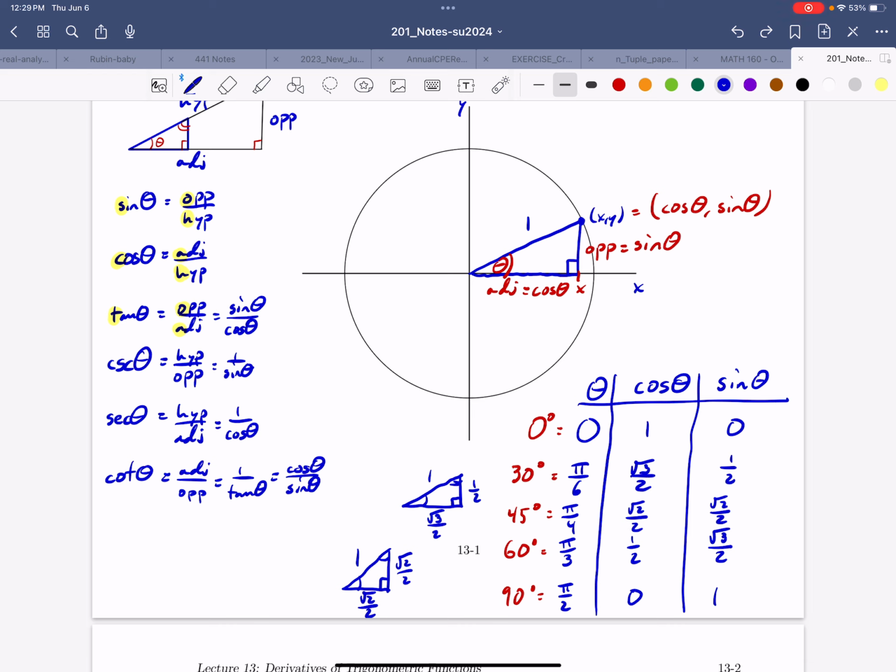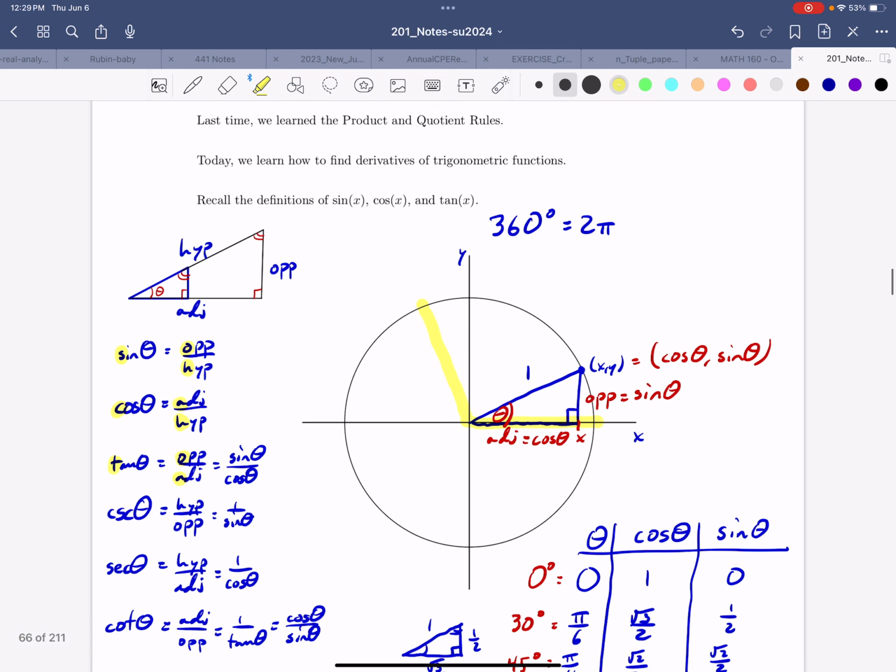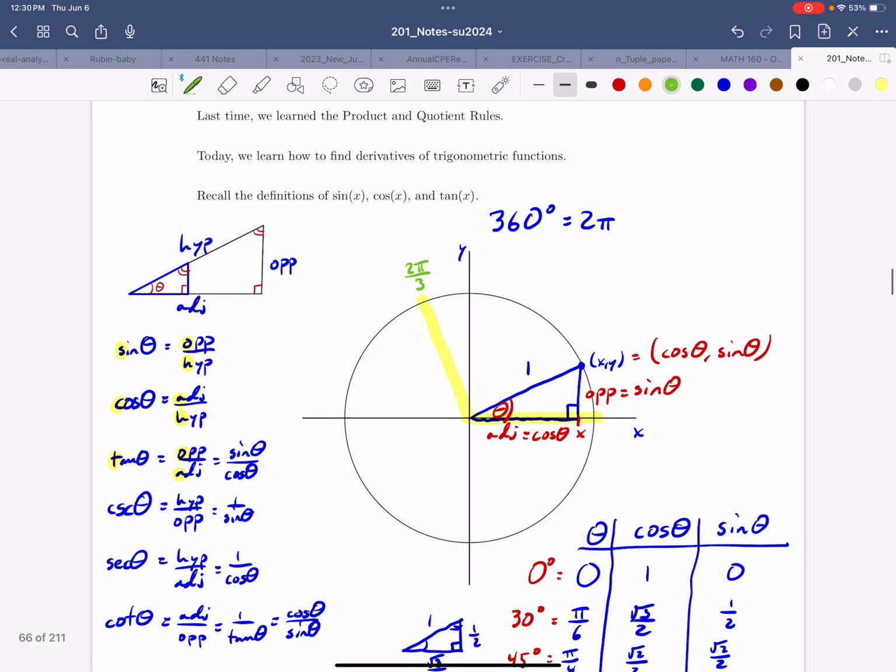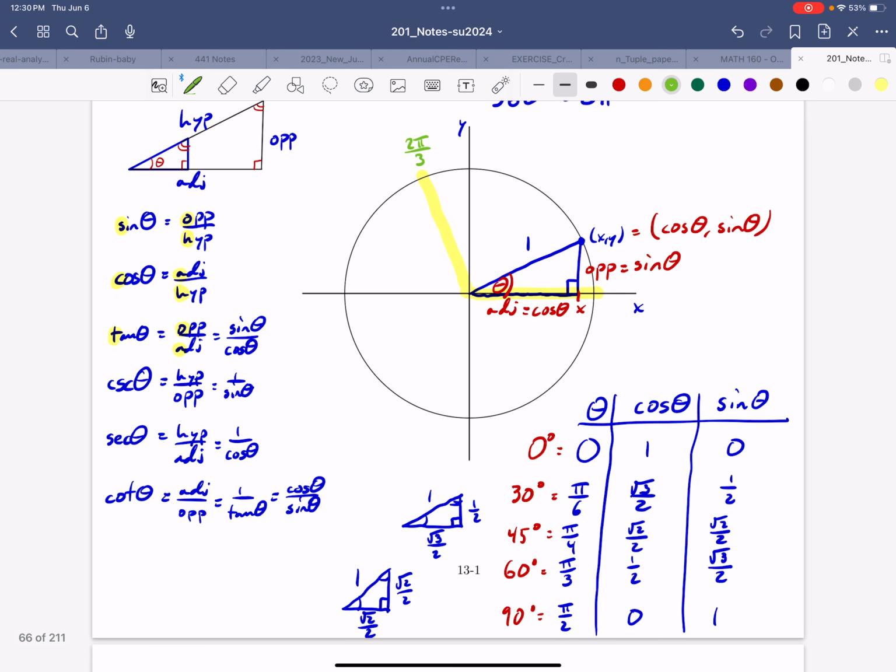So, for example, what about 2 pi over 3? What's sine of 2 pi over 3? Well, it's going to be the same as sine of pi over 3. It's just a question of whether it's going to be positive or negative.